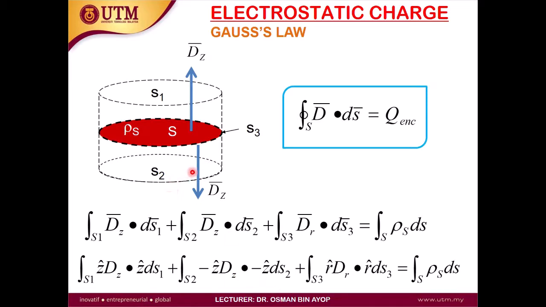The surface is also facing downward, which is negative z, and then we have dS2. Plus we have S3, and our D component is Dr in the r direction, and the surface dS3 is also facing the r direction. And this equals rho s dS.